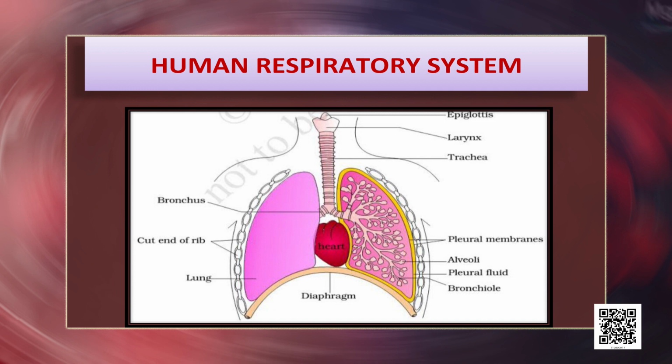Larynx is a cartilaginous box located in the anterior part of the neck. Until puberty, there is little difference in the size of the larynx in men and women. After puberty, due to the testosterone hormone, it grows larger and becomes prominent in men. Therefore, it is called Adam's apple.